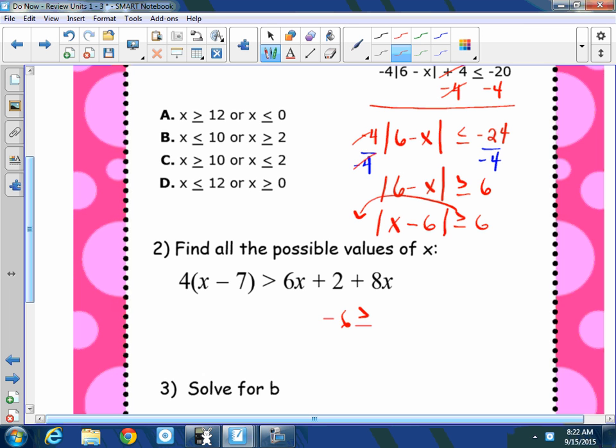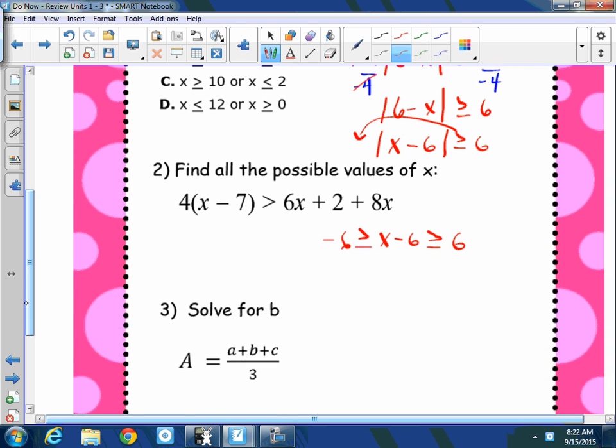And then it would be x minus 6, and then less than or equal to positive 6. And this is where we do our two inequalities. Cover the back, that's your first one. Cover the front, that's your second one. So negative 6 greater than or equal to x minus 6, and x minus 6 greater than or equal to positive 6. And these are my two.